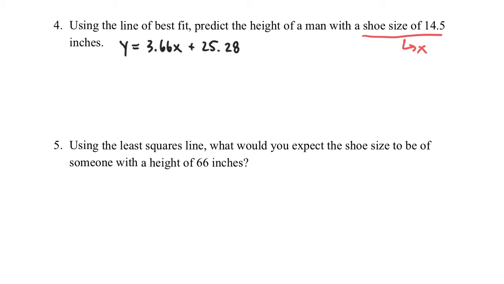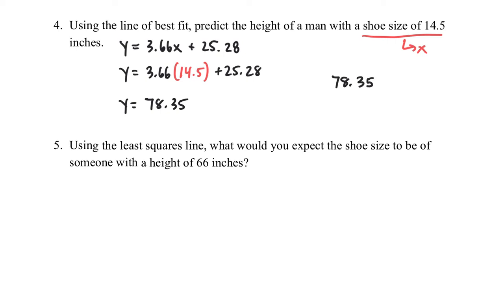So I'm going to plug in 14.5 for x. So y equals 3.66 times 14.5 plus 25.28. Then I just go to the calculator. 3.66 times 14.5 plus 25.28 gives me 78.35. So my expectation is that a man will be 78.35 inches if he has a shoe size of 14.5.